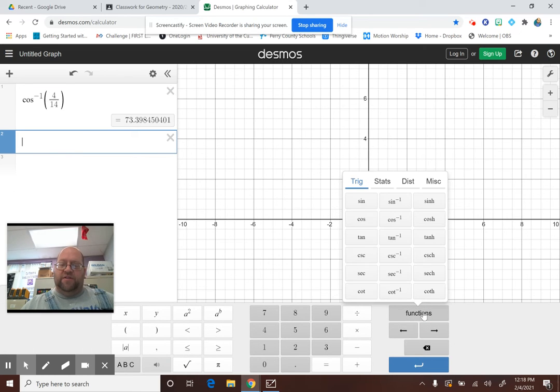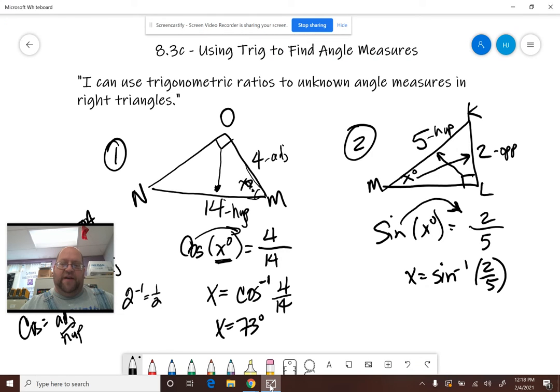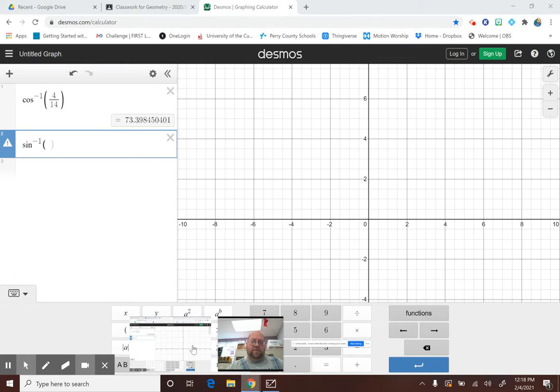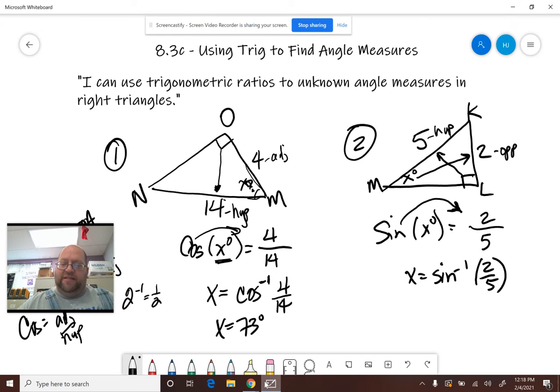I go to functions, inverse sine, and again, what were those values? 2 divided by 5. So literally in here, I just do 2 divided by 5. And now I'm in degree mode. The 5 is going to tell this 3 to go up. So that actually means that this is 24 degrees, okay?